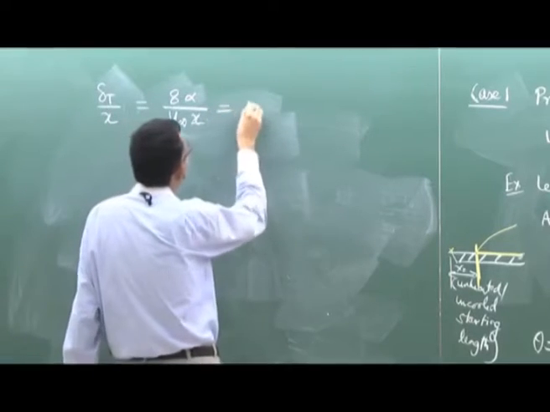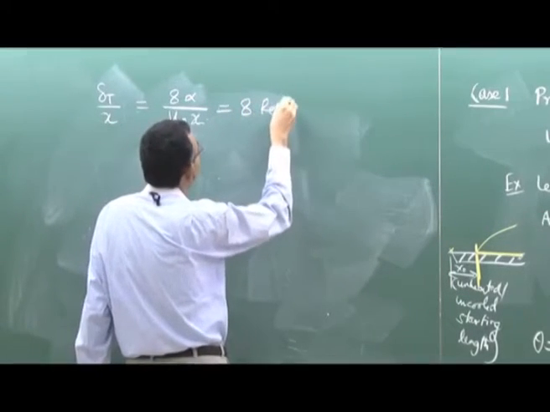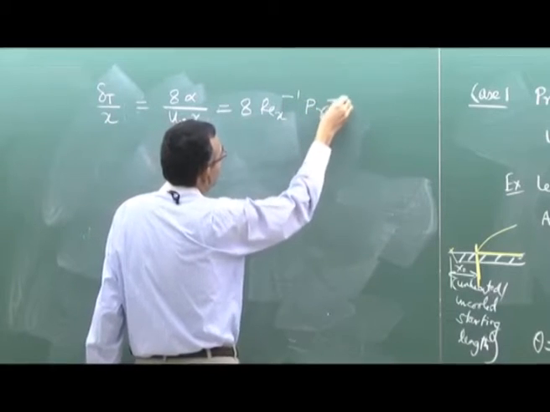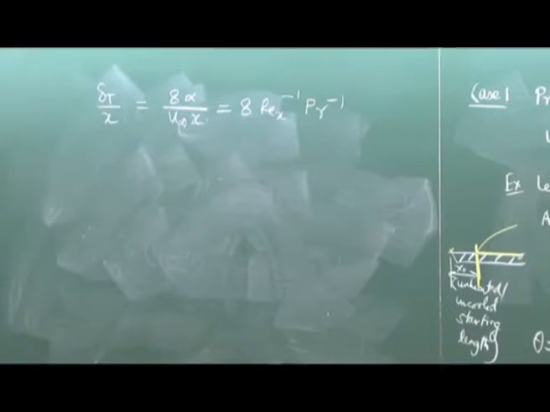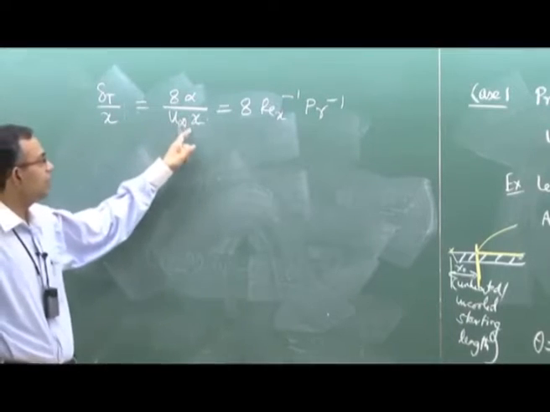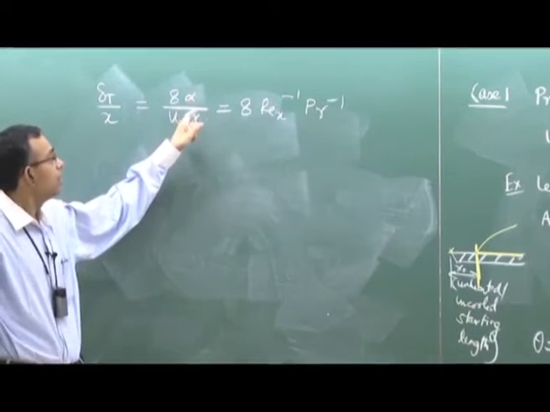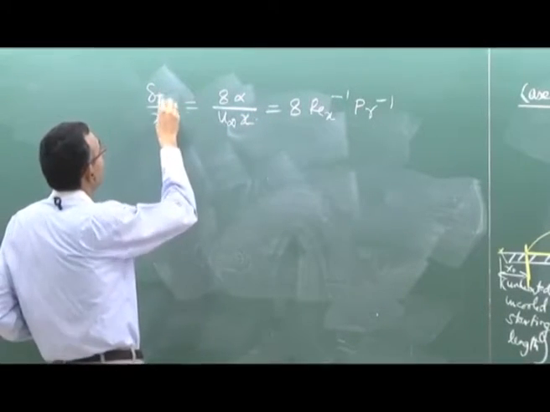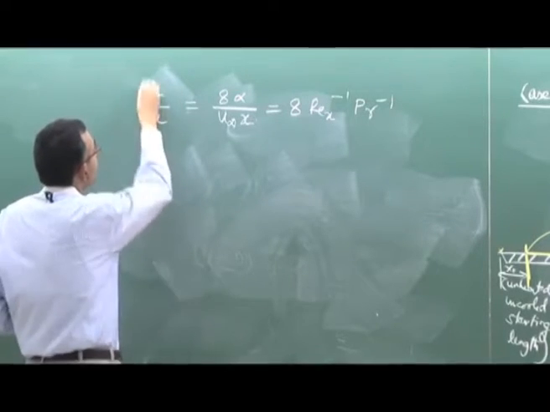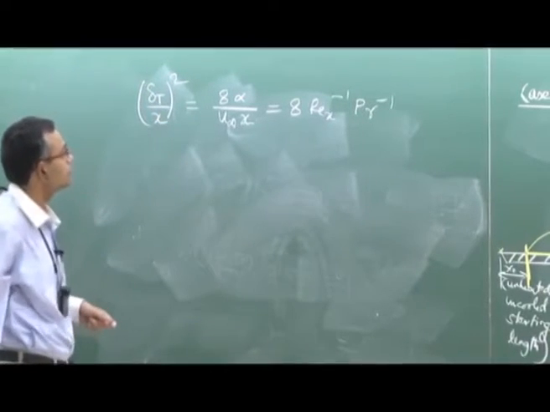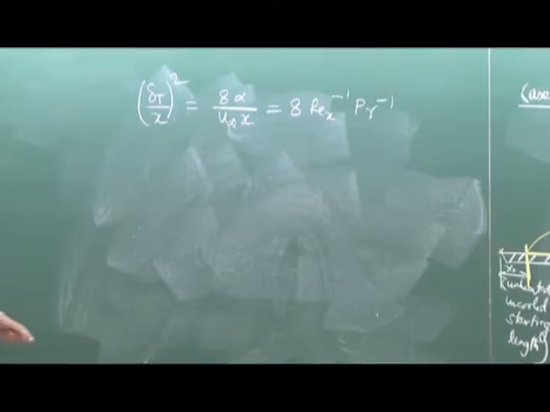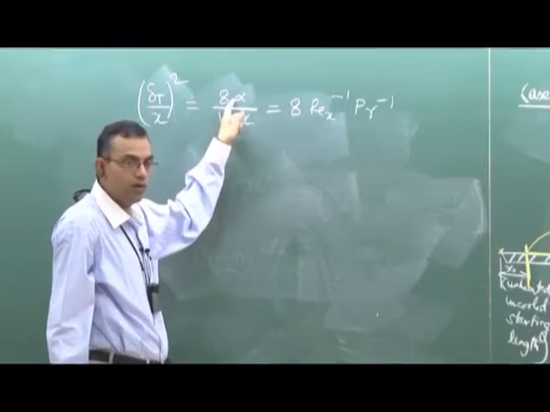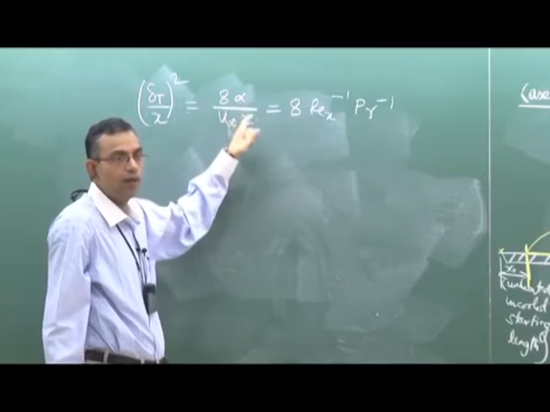So this is 8 into Reynolds number to the power minus 1 into Prandtl number to the power minus 1, right, because this is u infinity x by nu into this square, right. Because this is u infinity x by nu into alpha by nu. Alpha by nu is 1 by Prandtl number.